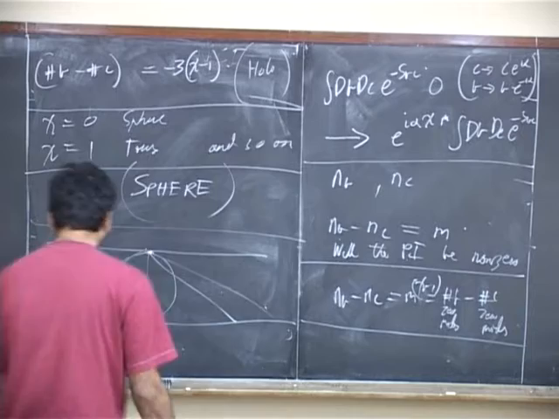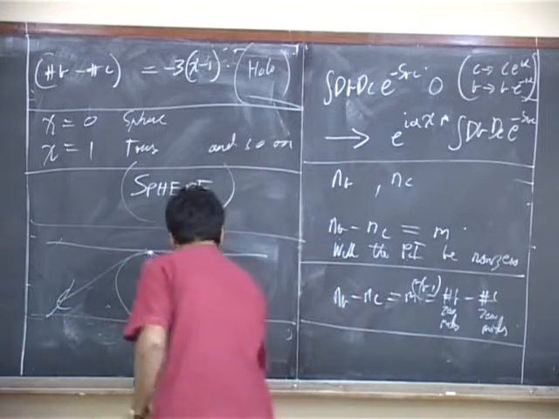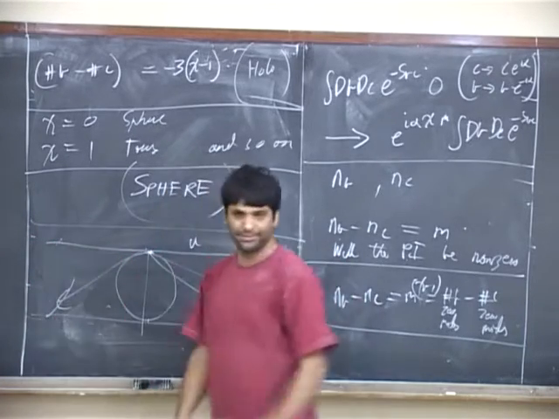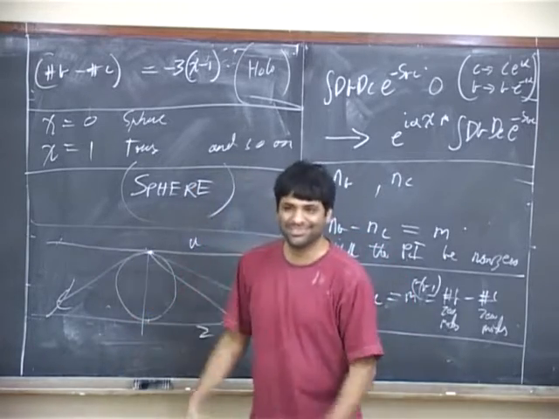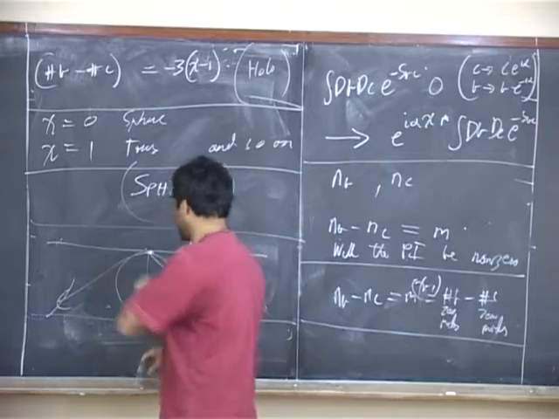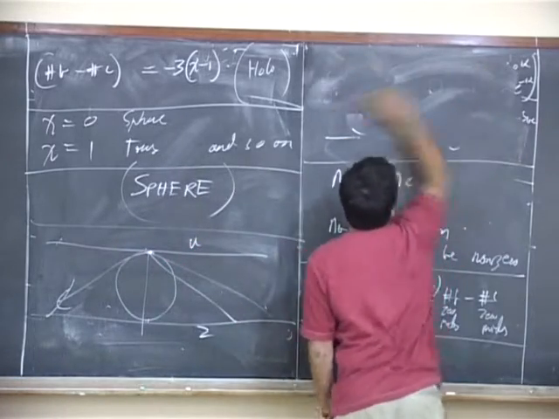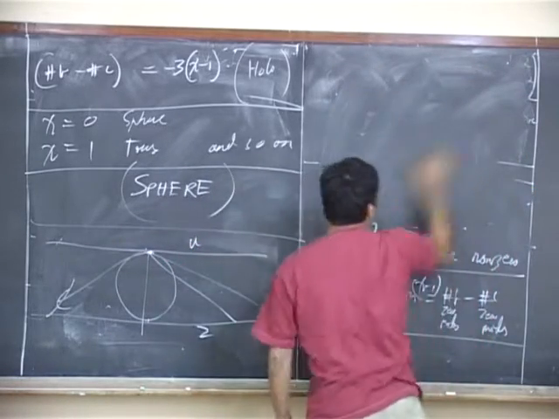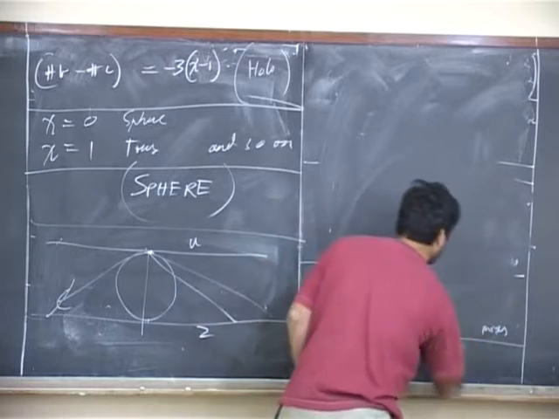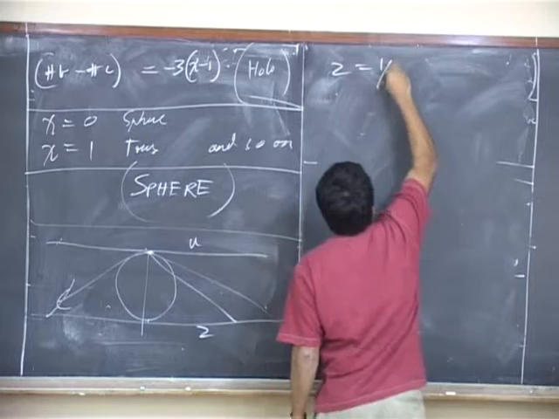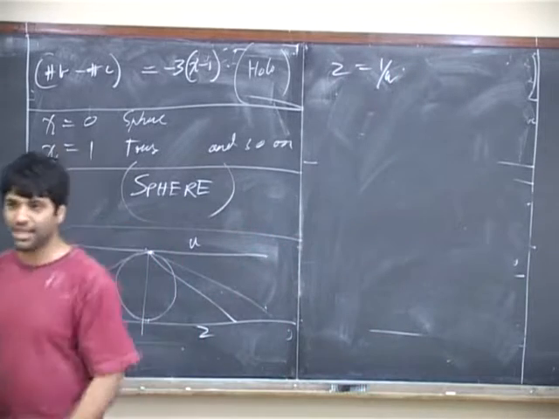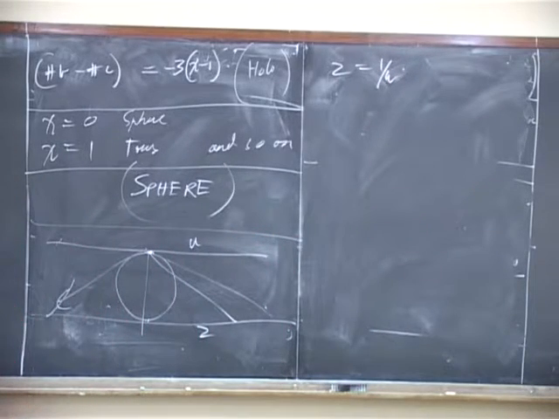Okay, so let's say this is the Z plane and this is the U plane, and the relationship between them is Z is equal to 1 by U. As you know, right? It's like the conformal function. Okay, so we've got two different patches.